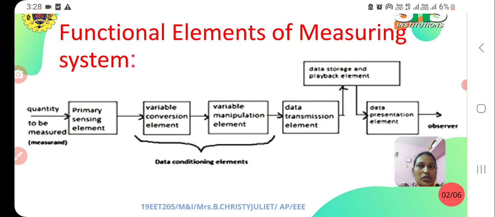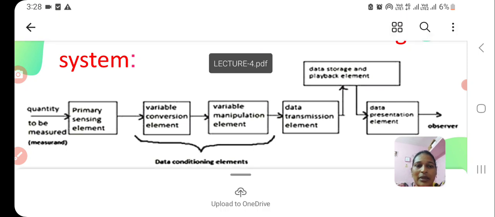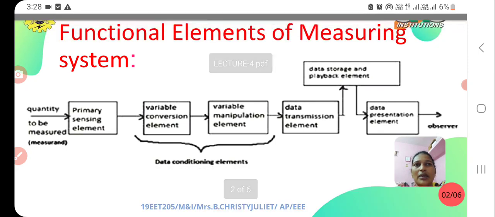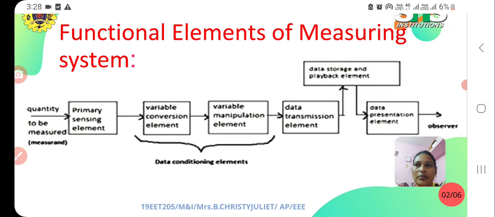If I'm measuring pressure, then the primary sensing element may be a pressure transducer or a pressure sensor. The quantity to be measured will be converted into an equivalent electrical signal. That is the main function of a transducer.